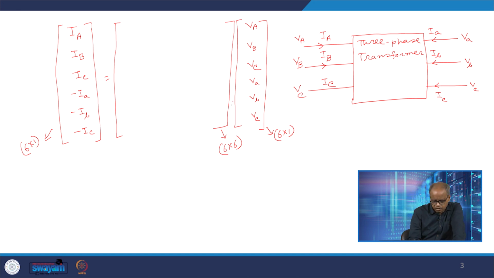Because it is a 6 cross 6 matrix, we can partition it into 4 matrices. This is Y1, we call it Y2, we call it Y3, we call it Y4, and each of them would be a 3 cross 3 matrix.